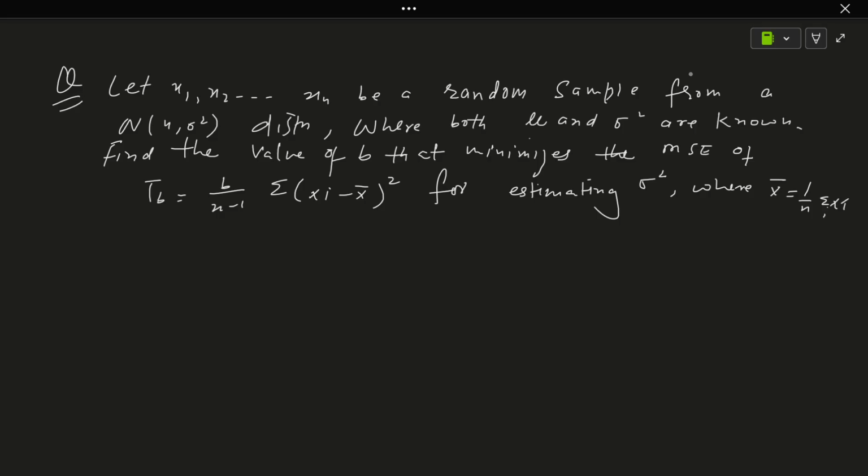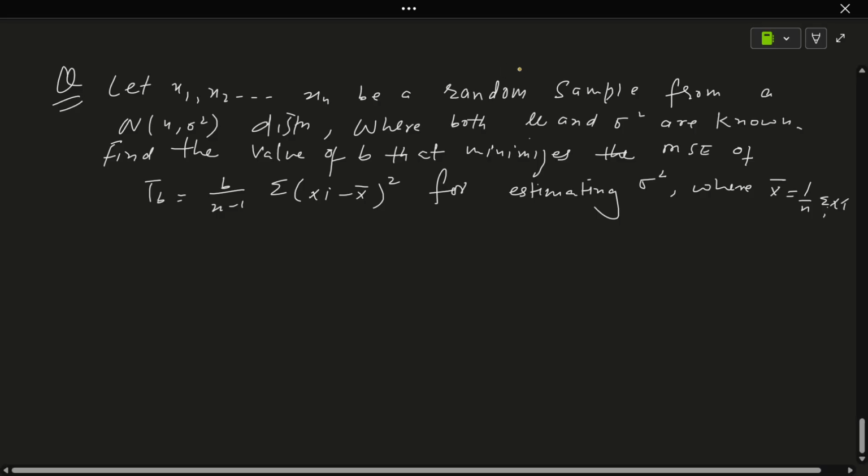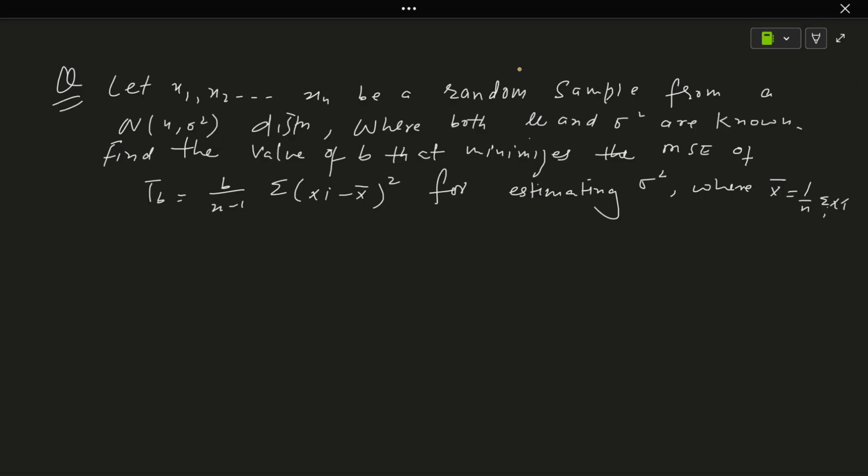This question basically tries to, or we can say this question is asking to find the value of this b that minimizes the mean square error of TB. So here is the concept. First of all, unbiased estimator, then mean square error.